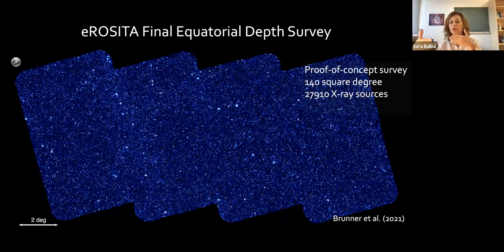And that is very crucial because we want to measure their properties from the X-ray observations. So in this field alone, we detected about 28,000 X-ray sources. And you can see its size in comparison to the moon in the sky. It's a really large region, actually.